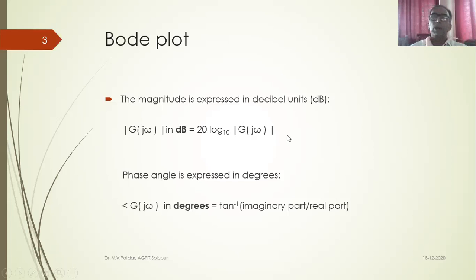If you remember in acoustic measurement, it was 20 log to the base 10 of P2 by P1. P2 was the unknown sound pressure level and P1 was the reference sound pressure level. And 20 log to the base 10 of P2 by P1 was called the decibel magnitude. Our hearing, or sound pollution, is measured on the decibel scale.